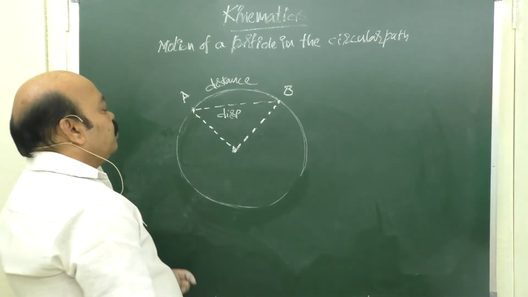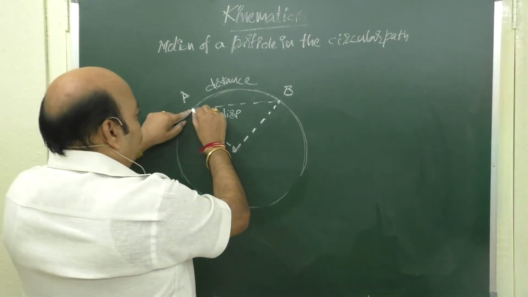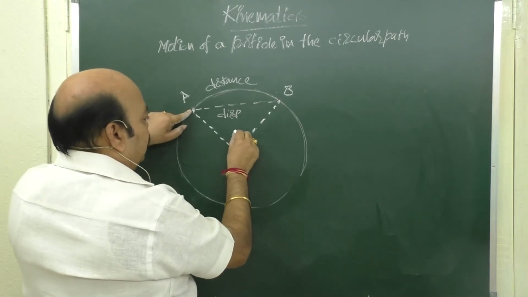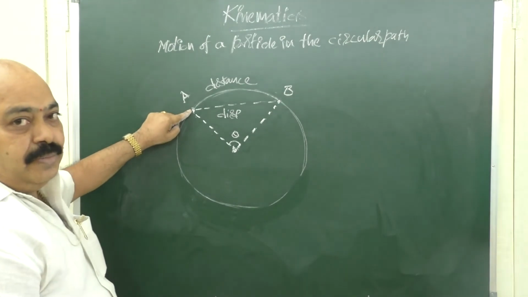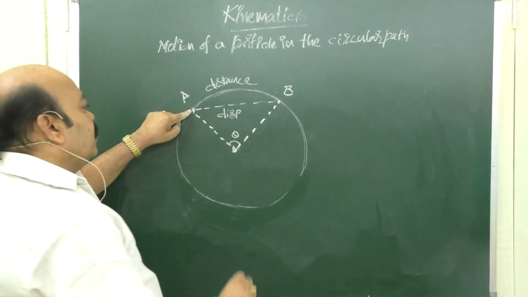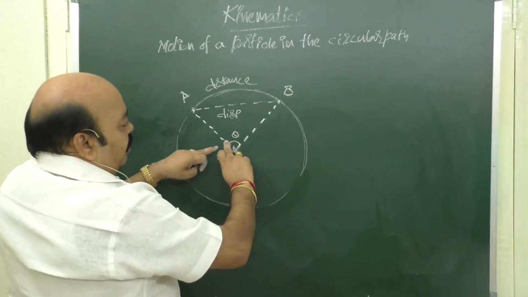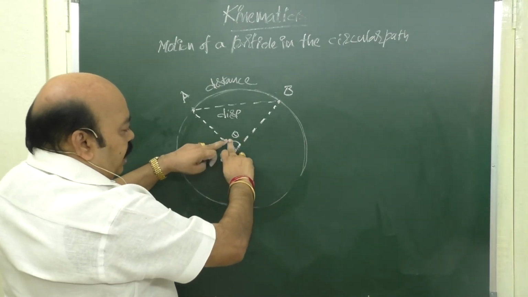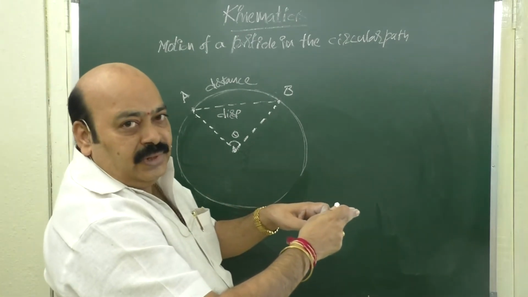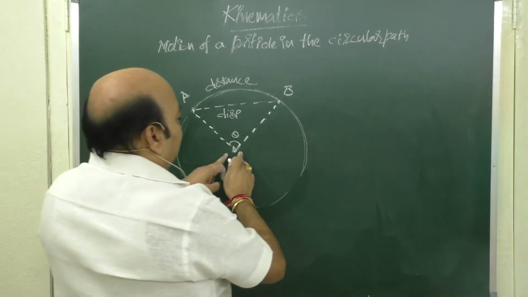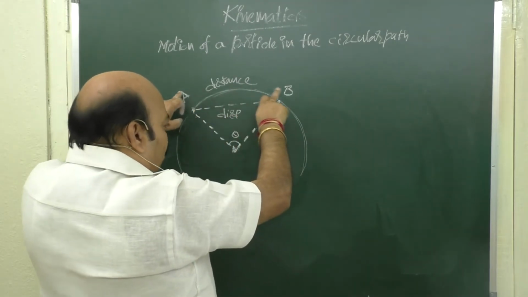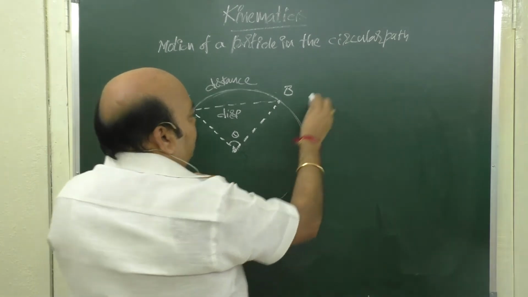Let us say when the particle moves from A to B, it subtends an angle theta at the center. This is theta. Now, we know very well that the total angle subtended at the center of a circle is 360 degrees. This 360 degrees is equivalent to a circumference of 2 pi r.